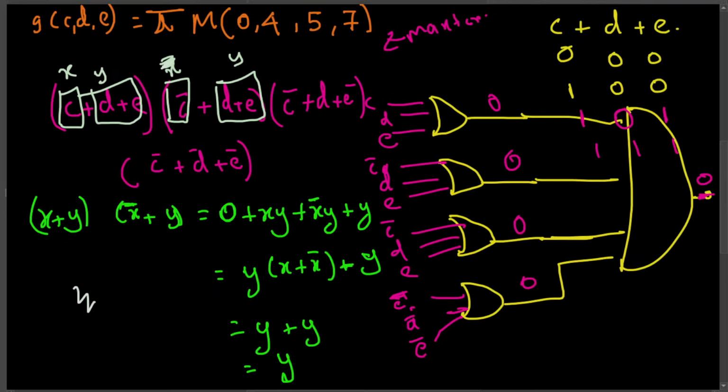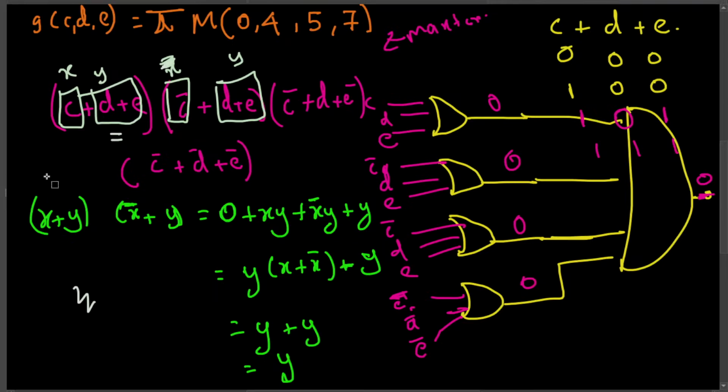If you treat it like that, then our final answer is y, according to the one we did right here. So the final answer we are going to have is d plus e. Instead, we can write the whole thing as d plus e.